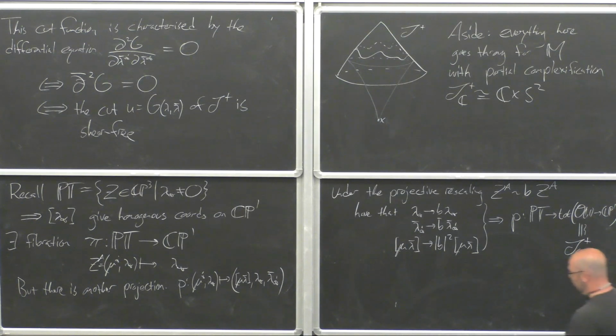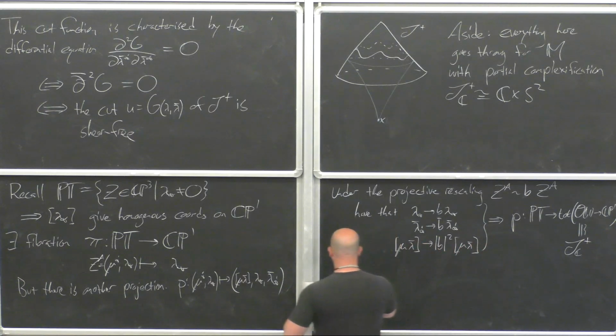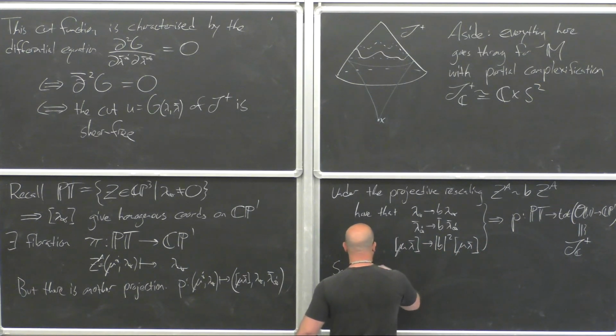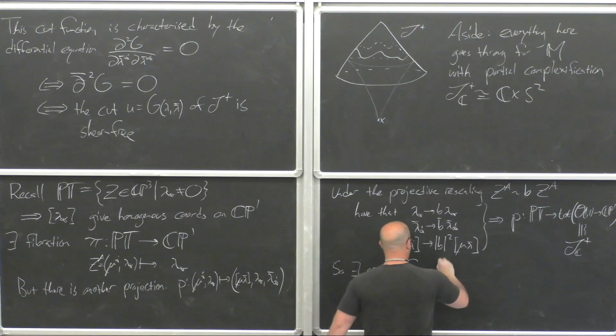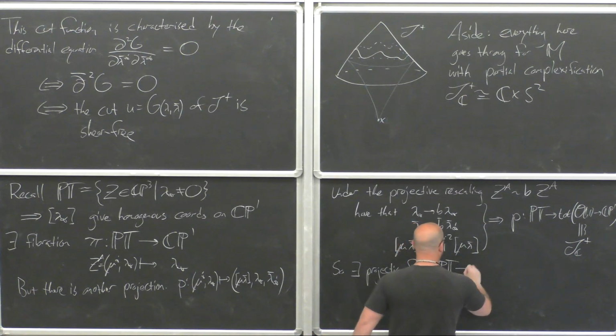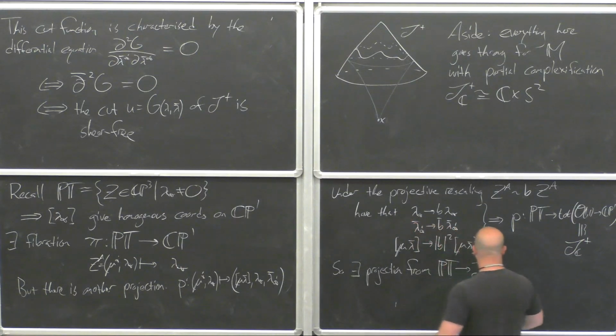So there is a projection from Twistor space to Scry. For every point in Twistor space, I can get a point in the partial complexification of Scry.